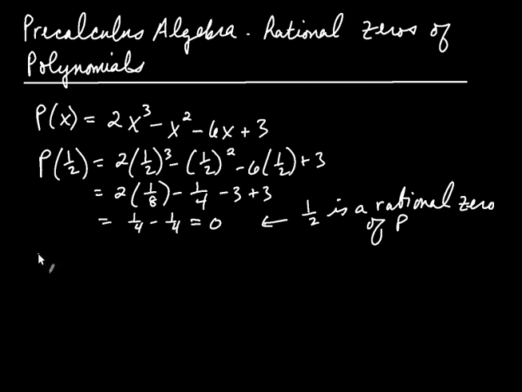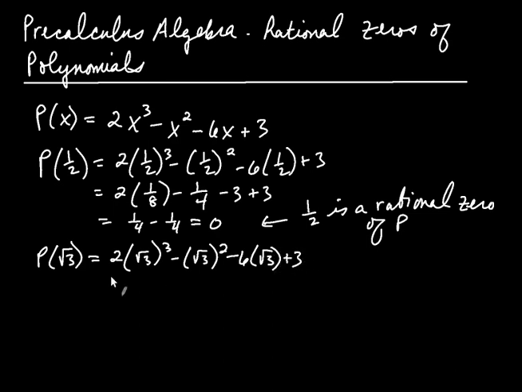For the same polynomial, if you plug in the square root of 3, we find that p of square root of 3 is equal to 2 times root 3 cubed minus root 3 squared minus 6 times root 3 plus 3. It's going to be 2 times, and when you cube root 3, you multiply root 3 by itself 3 times.